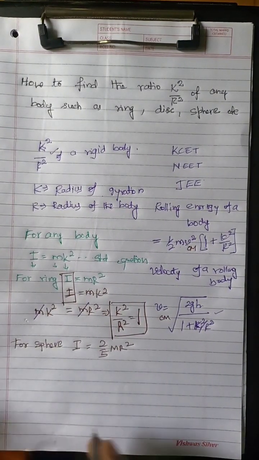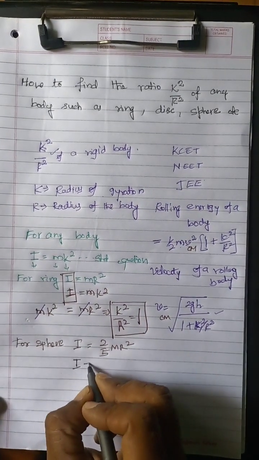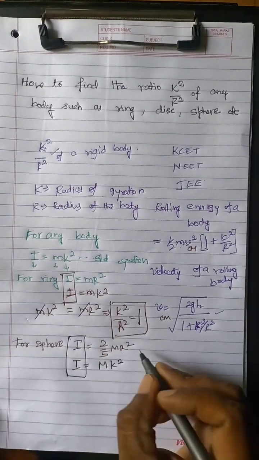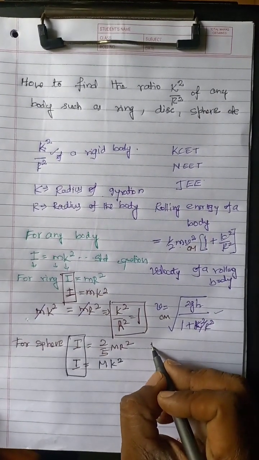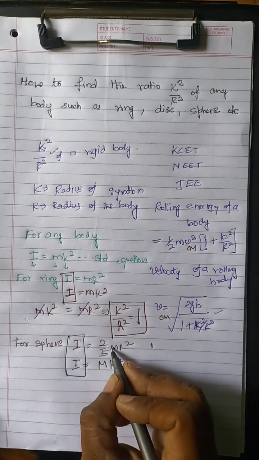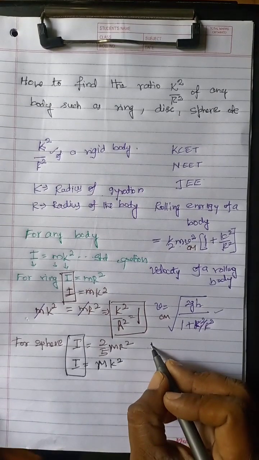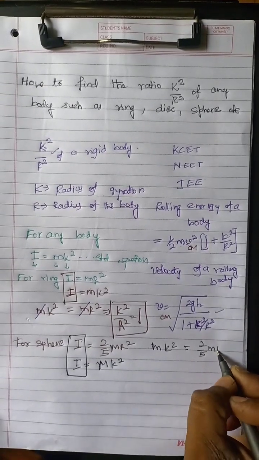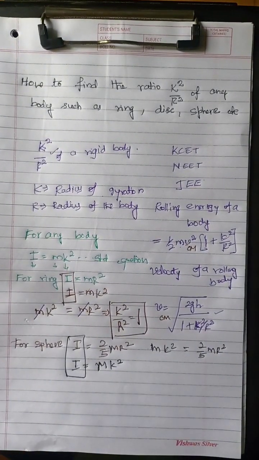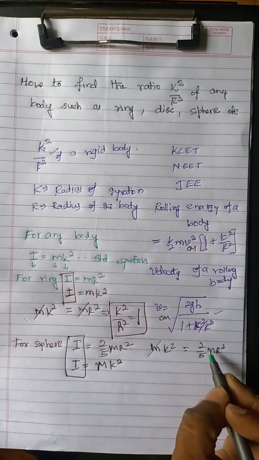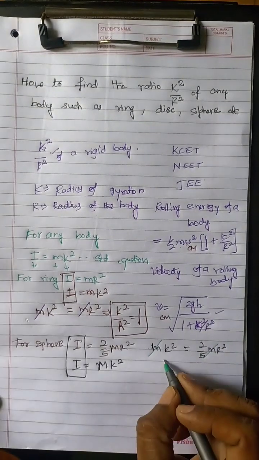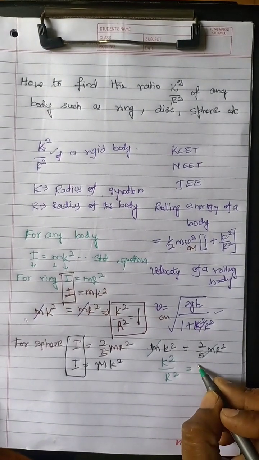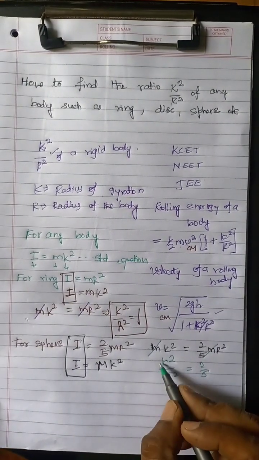Now if you write I is equal to mk square, the left hand side is equal, therefore equate the right hand sides. m k square is equal to 2 by 5 m r square. Therefore m gets cancelled. Now immediately you can write that the term k square by r square is equal to 2 by 5 for a sphere.